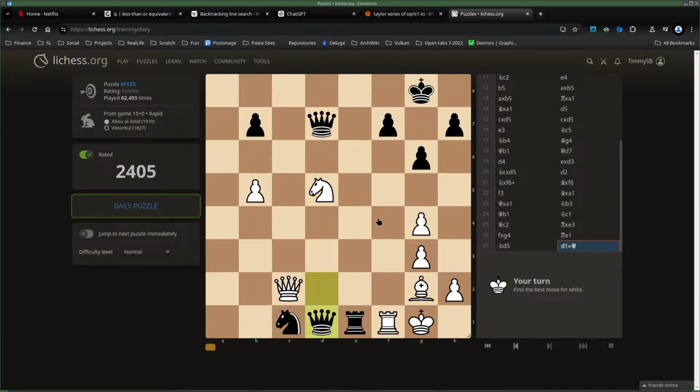I'm gonna do this puzzle here. Puzzle of the really, the everything wins move? No. What?